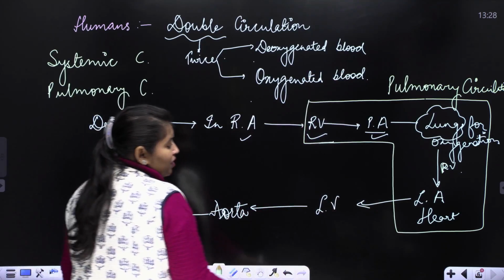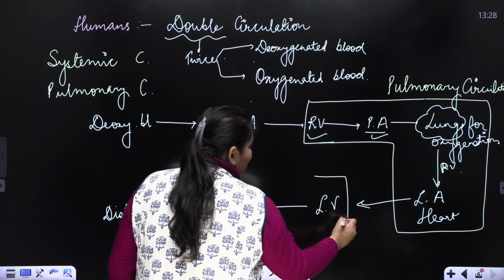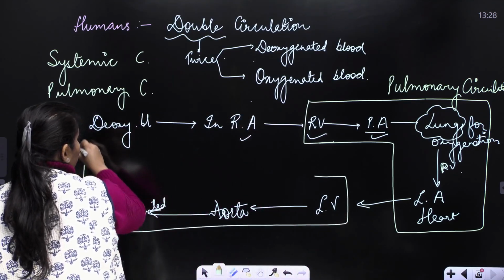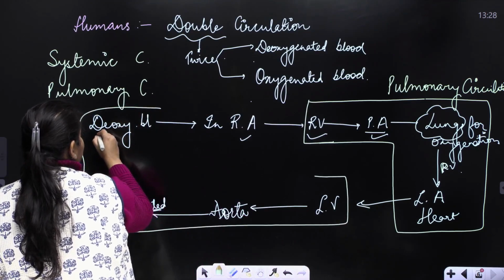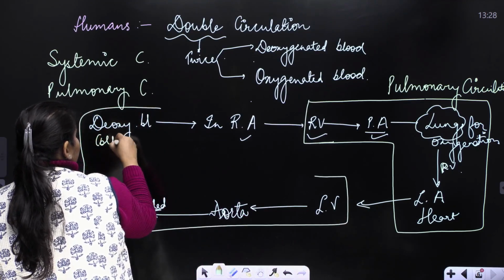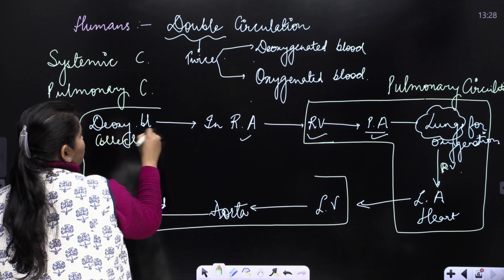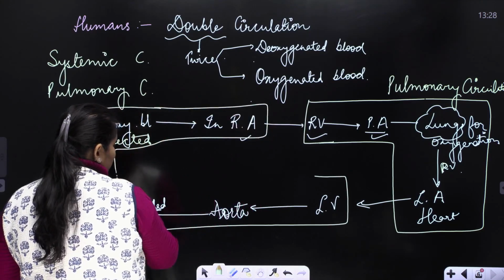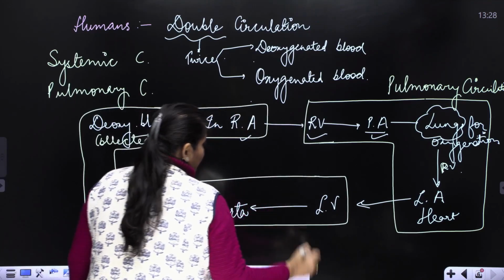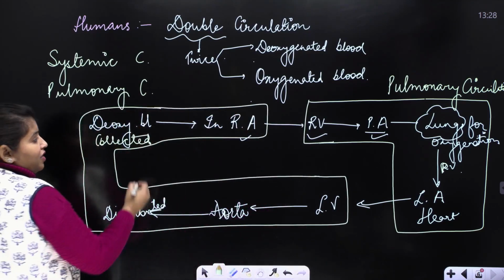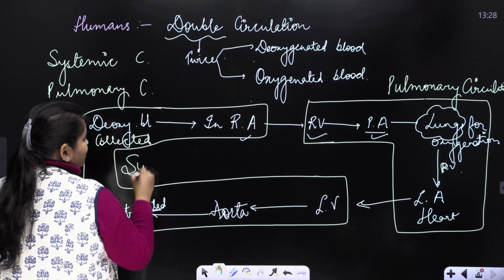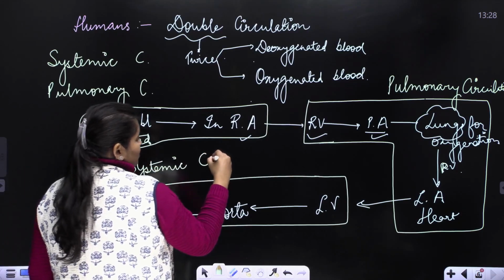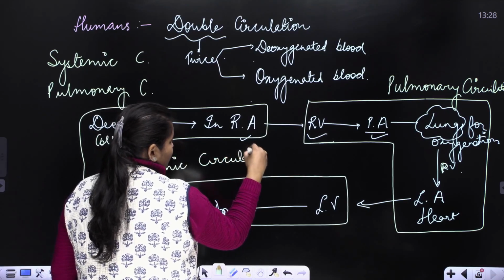The remaining: the blood leaves the left ventricle, enters the aorta, is distributed to body parts, recollected in the form of deoxygenated blood and enters the right auricle. This one is known as systemic circulation.